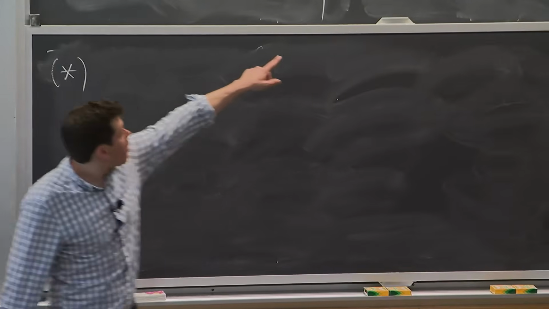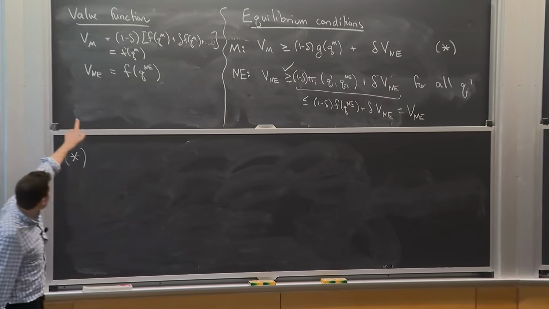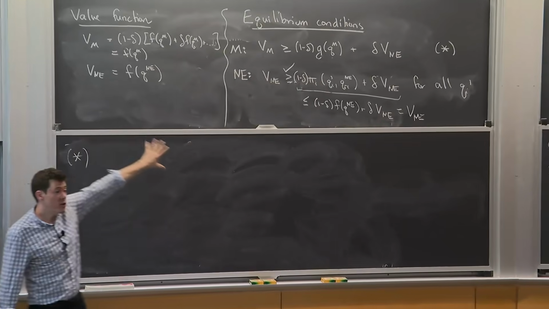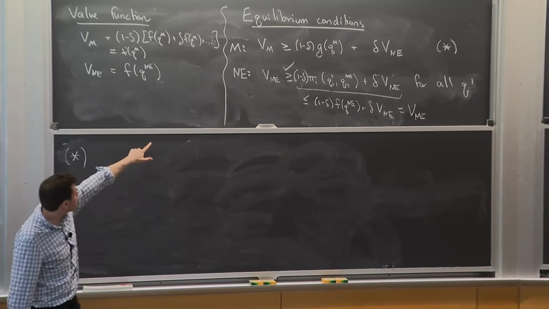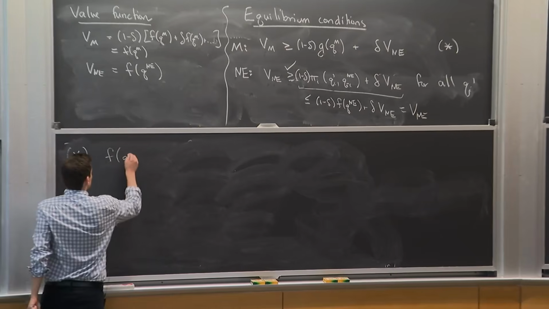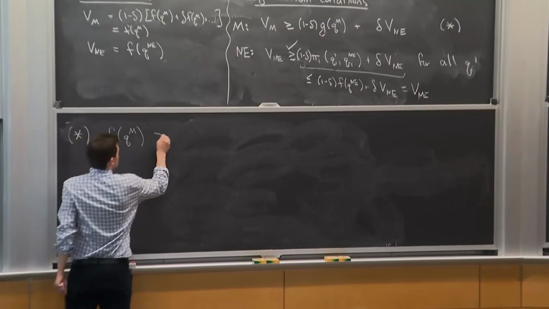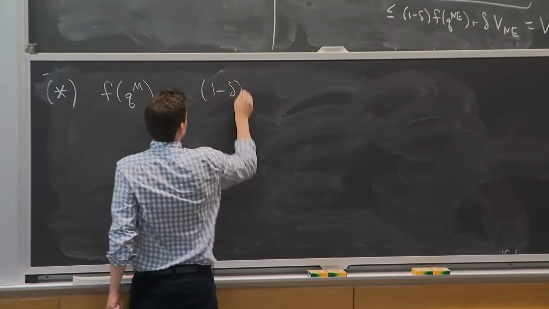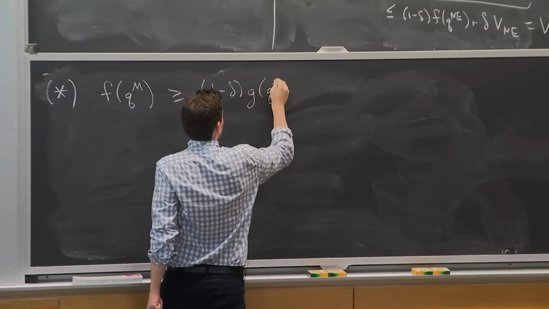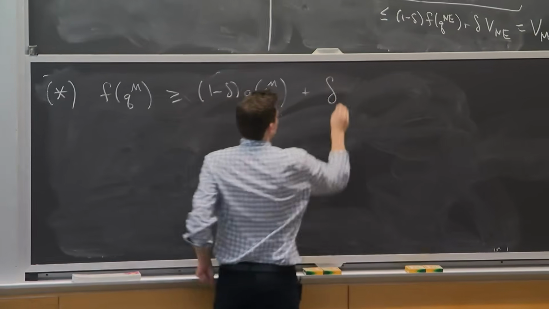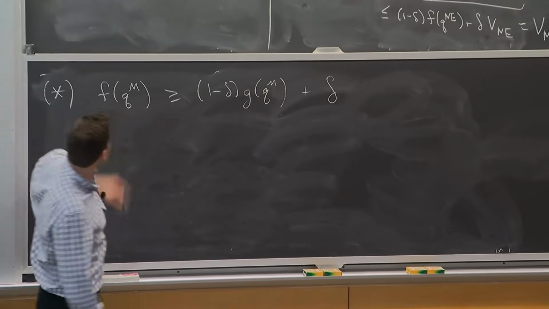We have our inequality star, and we have our values for the v's on the left side. We're just going to substitute these values into our inequality and see what we get. So vM becomes f of qM, and that needs to be greater than or equal to 1 minus delta g of qM plus delta times vNE, which we look over here, that's f of qNE.